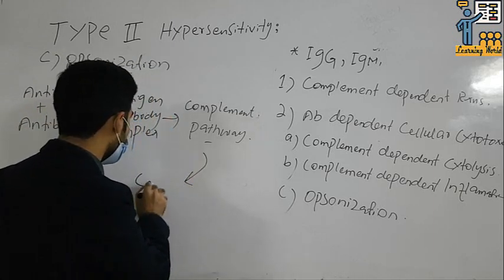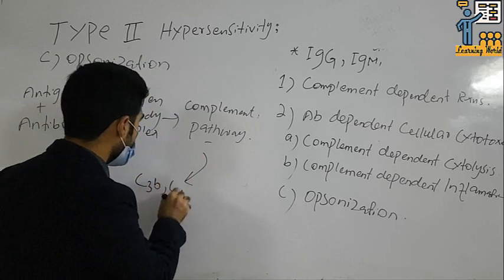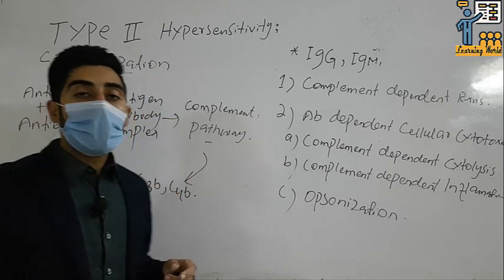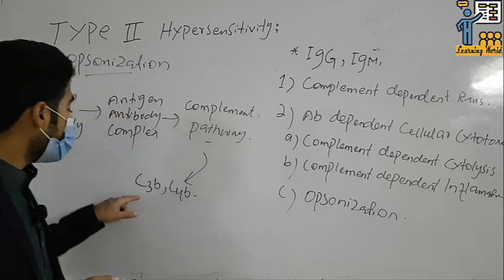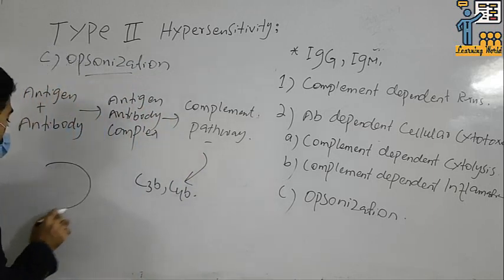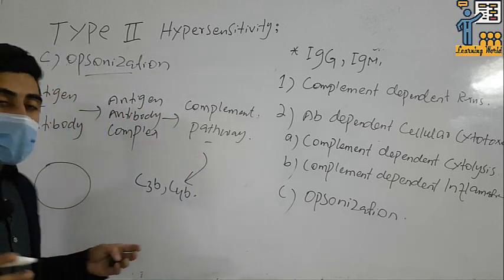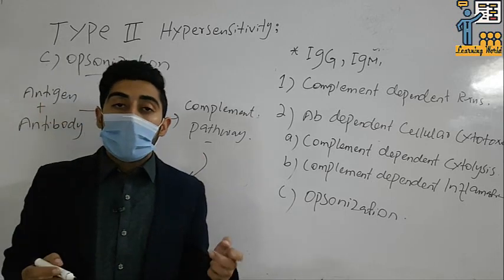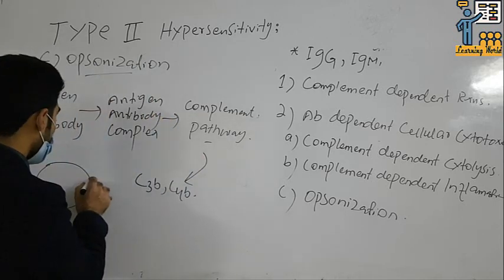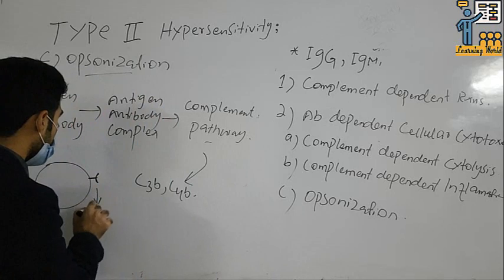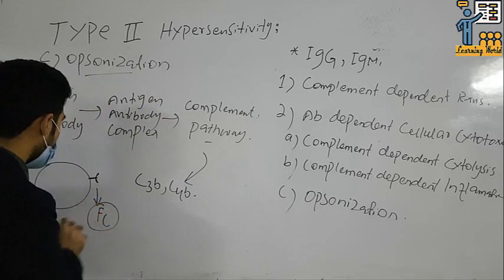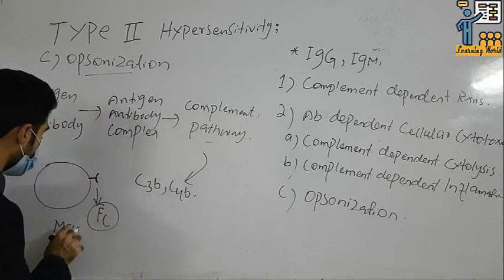When they activate the complement pathway, C3b and C4b will be activated. When C3b and C4b are activated, the macrophage cell will engulf this C3b. For example, this is the macrophage. On the surface of this macrophage cell, Fc receptors are present. For example, this is the Fc receptor present on the surface of these macrophages.